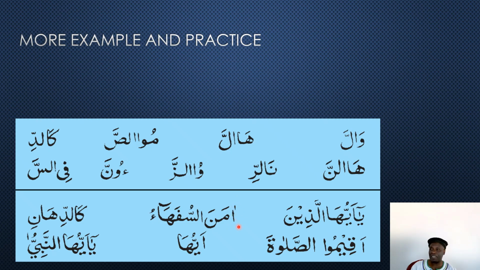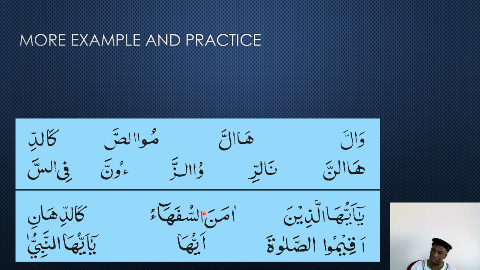Alif with fatha muqaddara, when you look at this, you have to prolong the alif. If it was just a fatha, we could just say a, but because it's a fatha muqaddara that allows you to lengthen the pronunciation of this letter, it's going to be amana sufaha'u, amana.